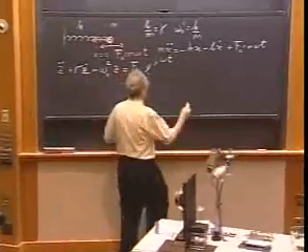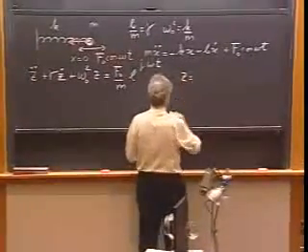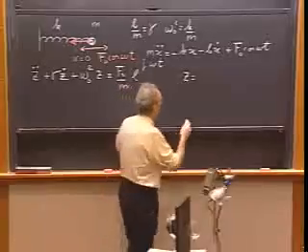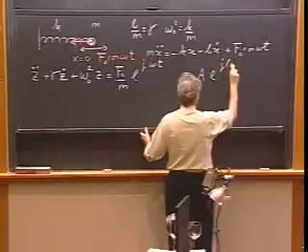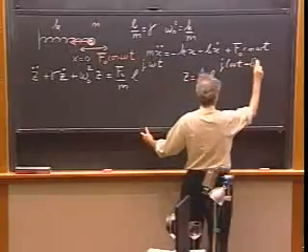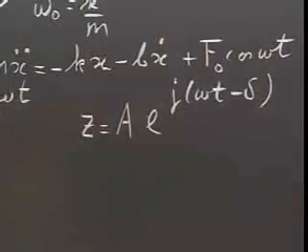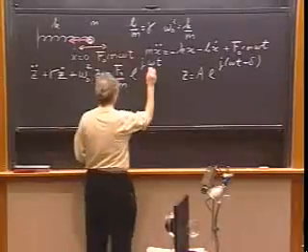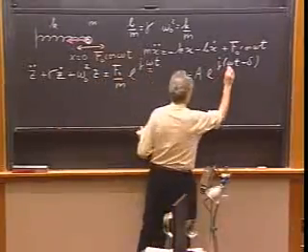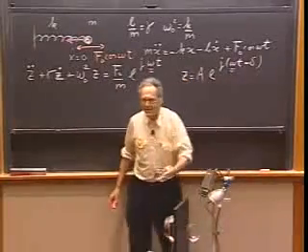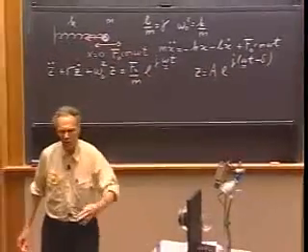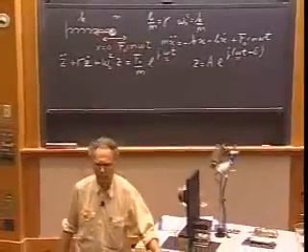My trial function for z, which is a complex notation, is some amplitude A times e to the power j(omega t minus delta). Now, crucial is that you understand why this omega and this omega are the same. This is the omega of my driving the system, that is my will that I impose on that system.